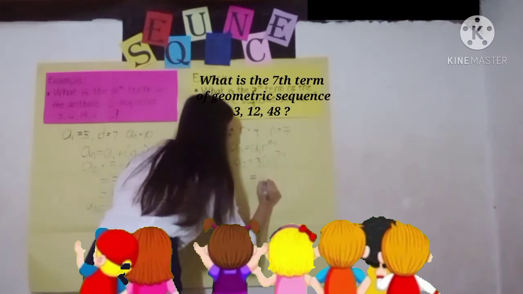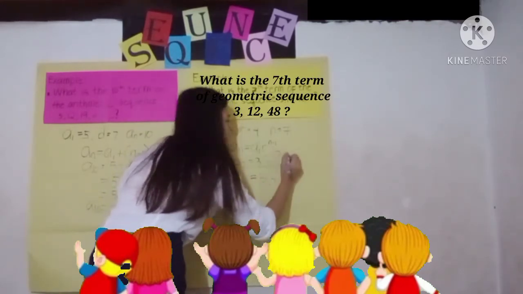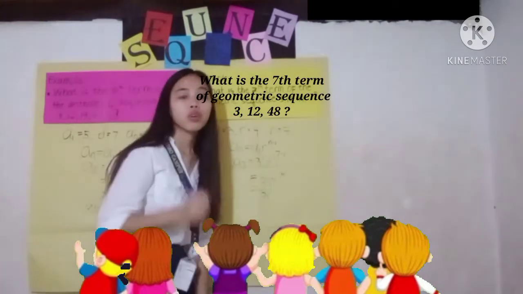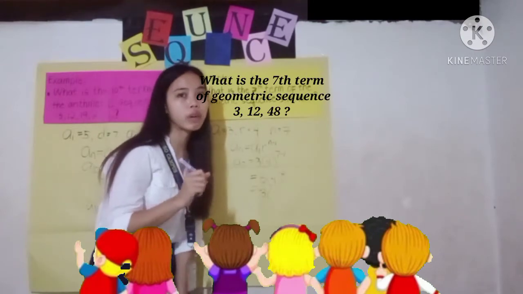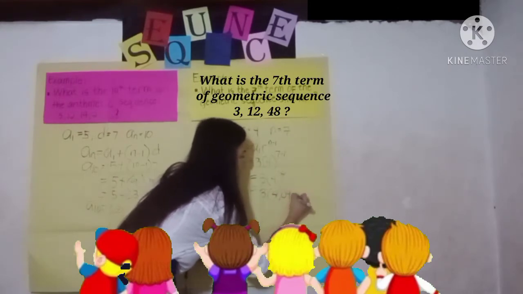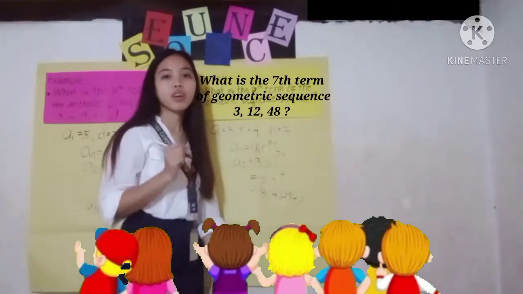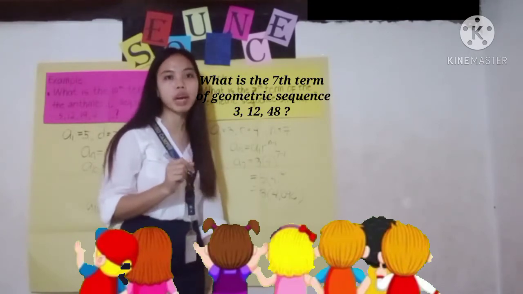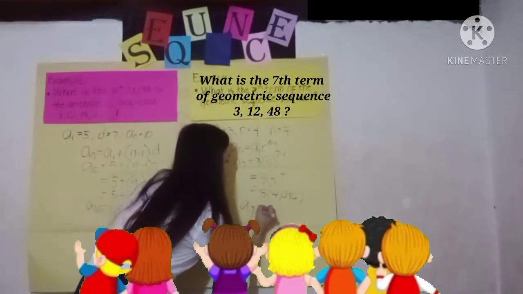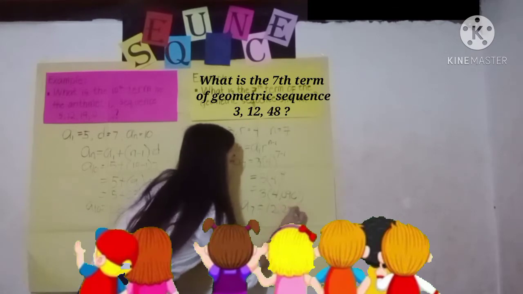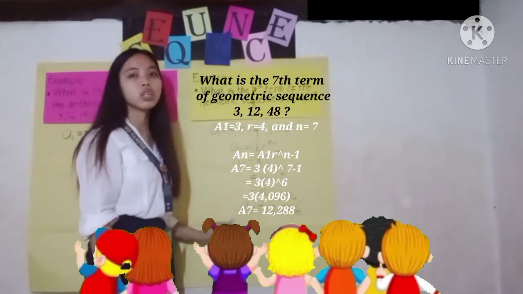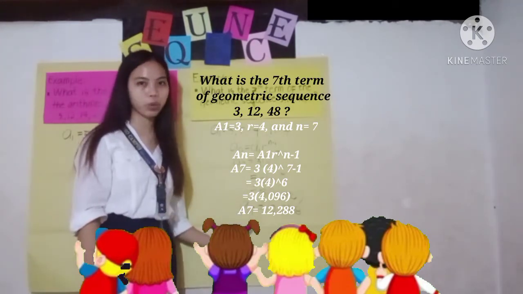And now, 7 minus 1 is 6, so it equals 3 times 4 raised to 6. 4 raised to 6 is 4,096. 4,096 times 3 is 12,288. So this is our seventh term of 3, 12, 48 in the geometric sequence.